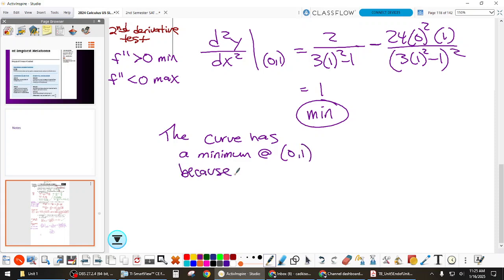And then, do you have to include that it's twice differentiable? I don't know if you have to include that or if that's included with the work you did. Well, it gave us the second derivative, so I don't think we need to say that in this case.